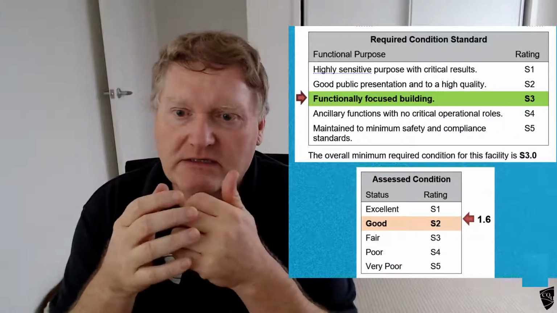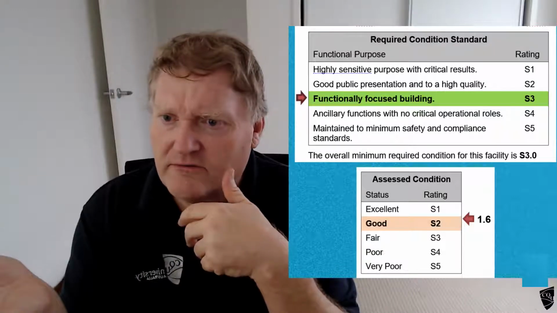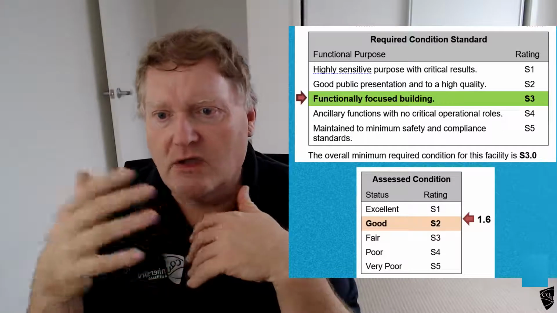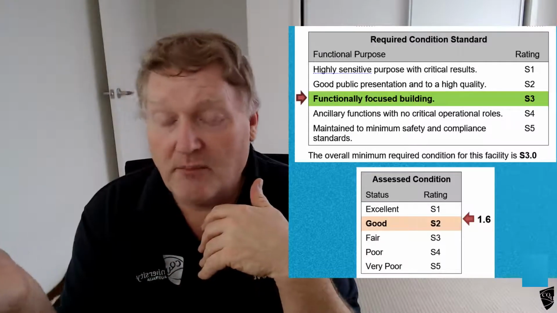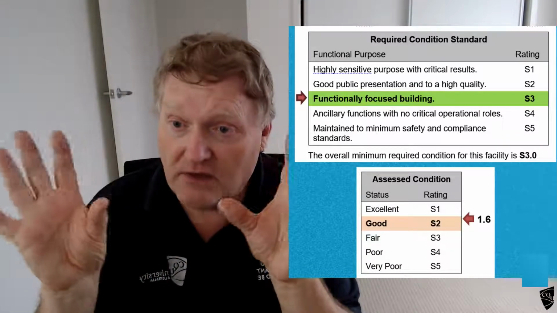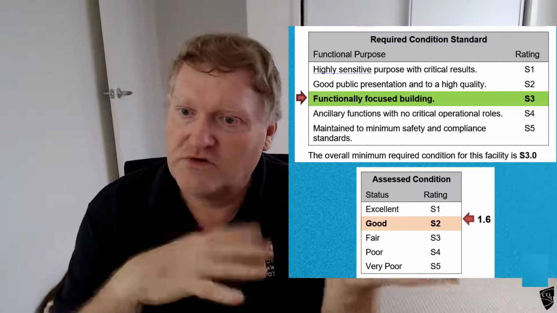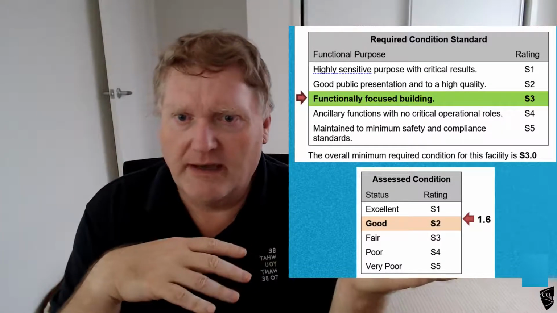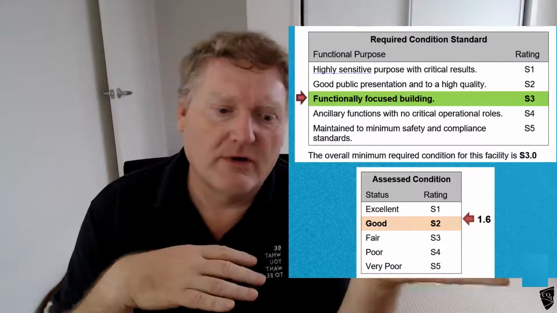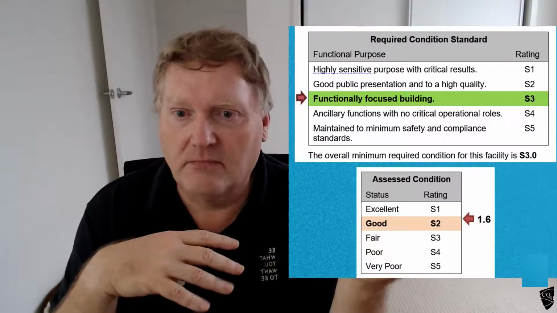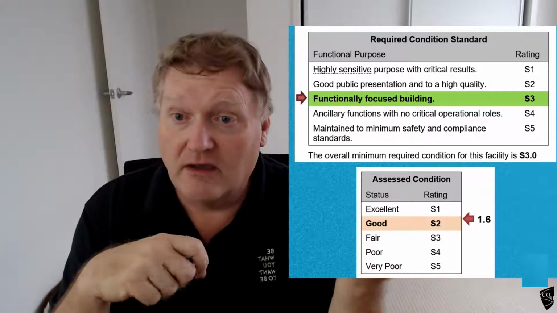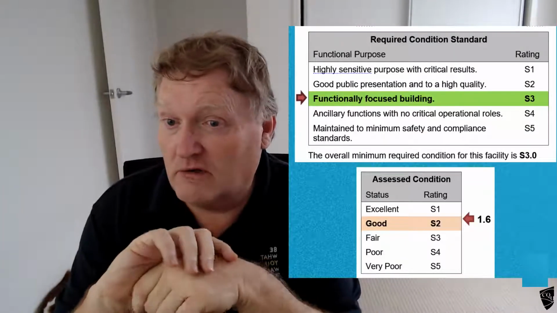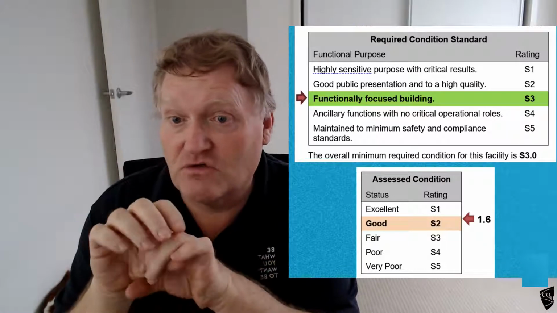Other areas, because we talk about front of stage and back of stage, a common way of describing it. The front of stage is where the public are, so you want it to look nice and smart and clean, but as soon as you get behind, it's much more basic. So you might find that the back of house in most areas of, say, a theatre could be just ancillary functions. They could be an S4, especially if they're just storage.